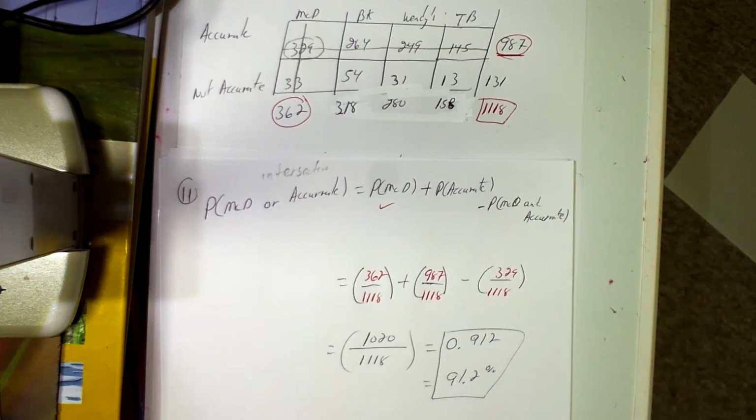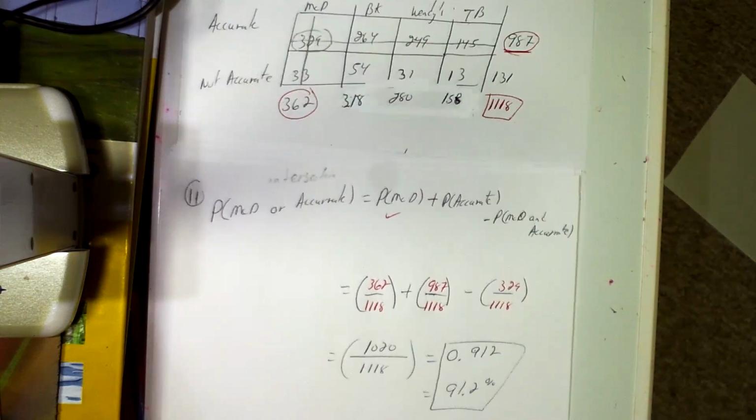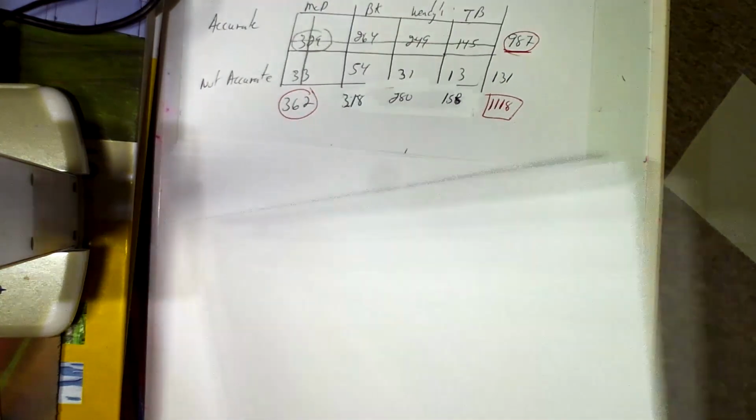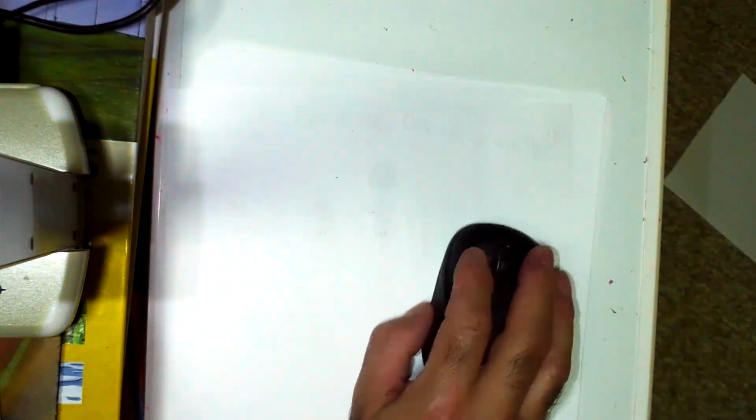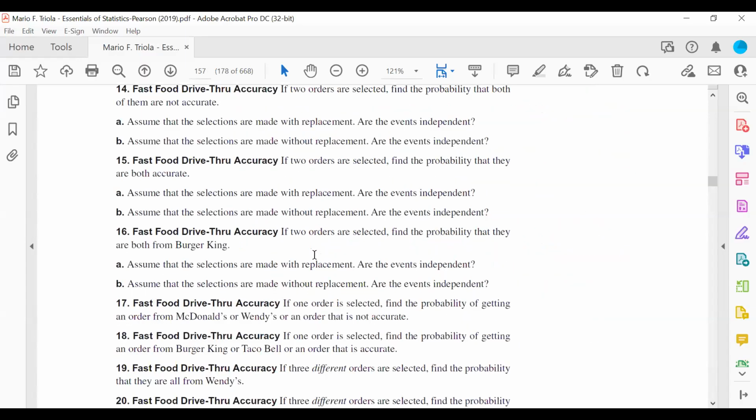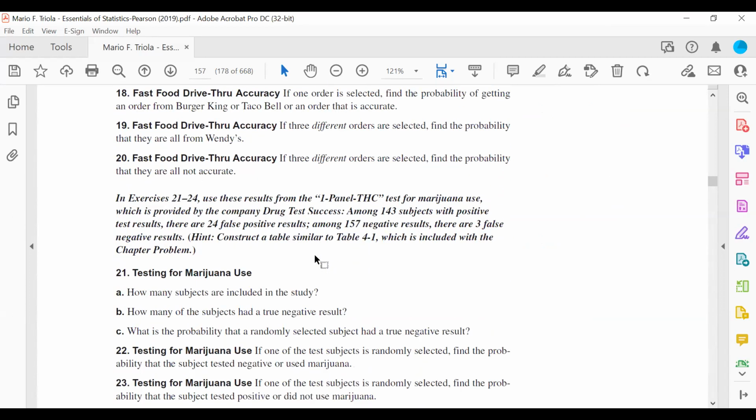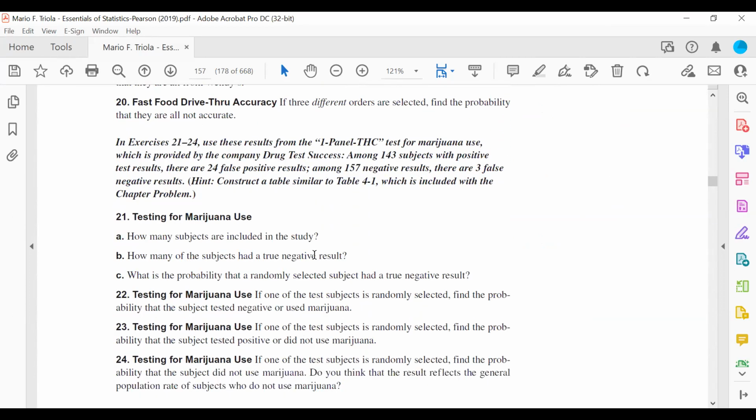All right. So let's do another one. This time you're gonna have to draw the Punnett square on your own. So let's take a look at number 21. We're gonna do number 21 together.